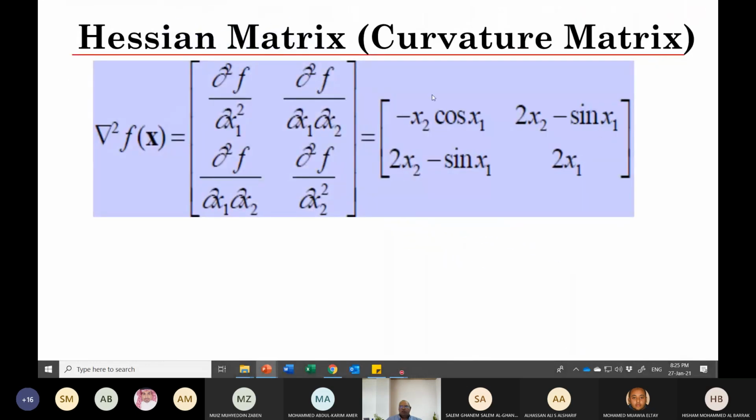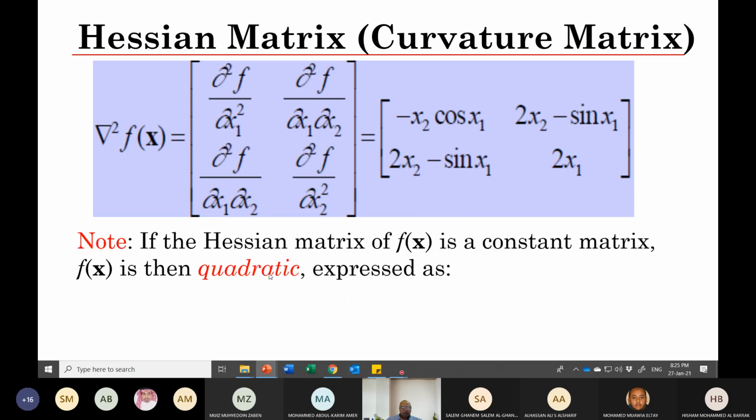And in this case, you have a 2 by 2 matrix, so you can check its eigenvalues here. If the Hessian matrix is a constant matrix, meaning you have Hessian matrix is 2, 0, 0, 1, whatever, in this case the gradient is linear and the function itself is quadratic. Okay?